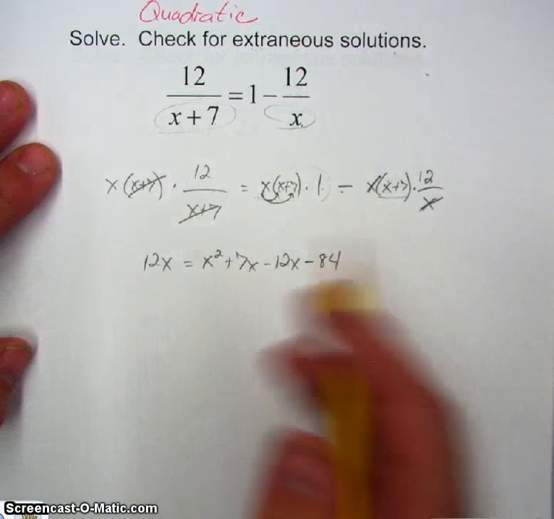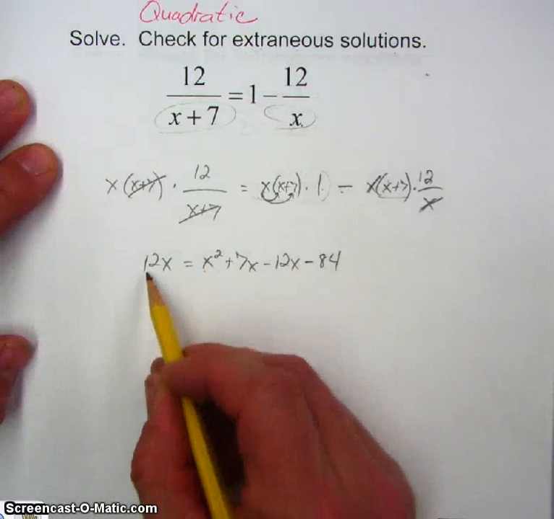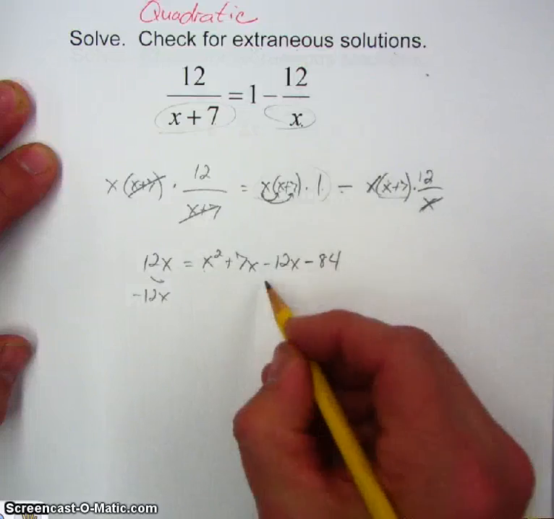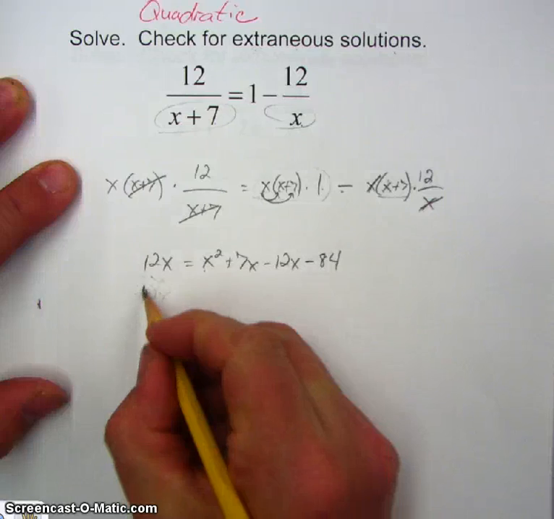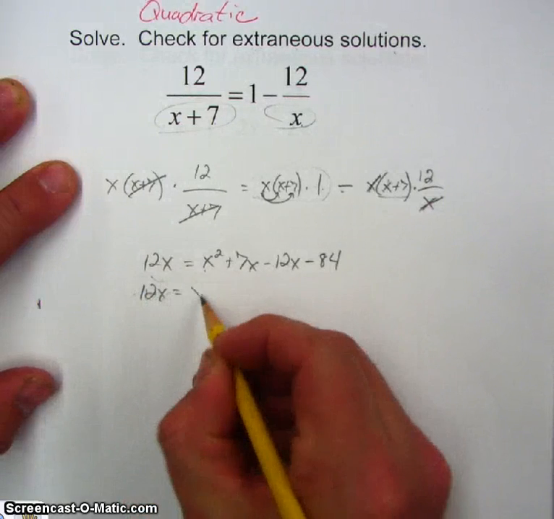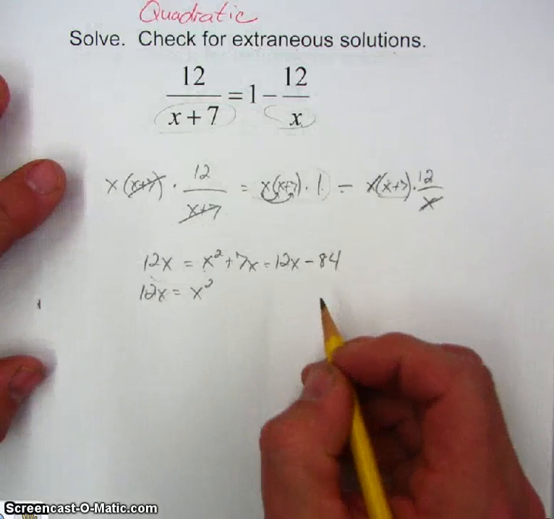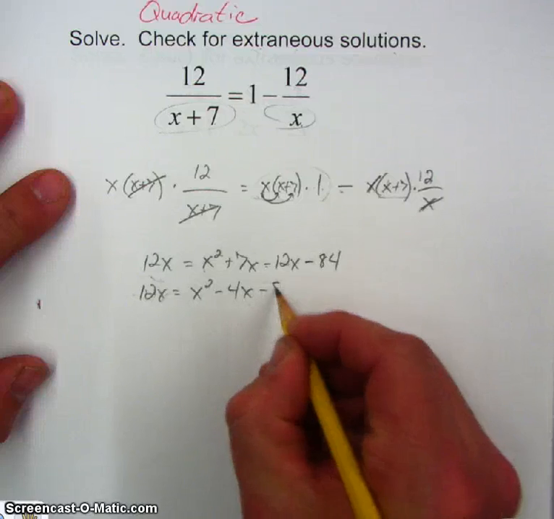Alright, so that means I got to get everything on the same side now. So since this is already positive, I'm going to bring the 12x over. So I'm going to subtract both sides by 12x. Oh, before I do that, sorry, I want to combine like terms on this side. So we have x squared, 7 minus 12 is what, negative 5x, and then minus 84.